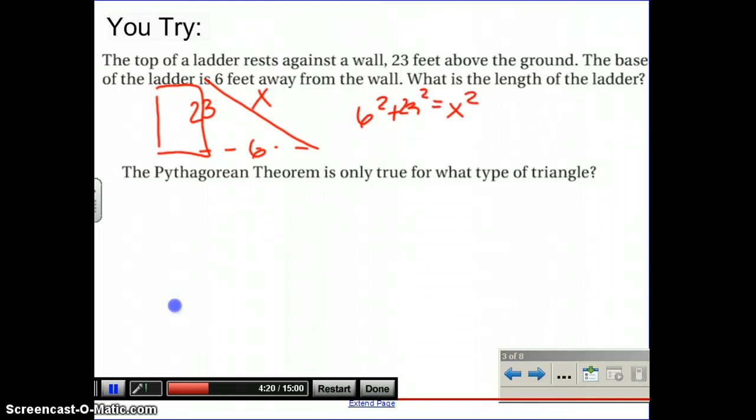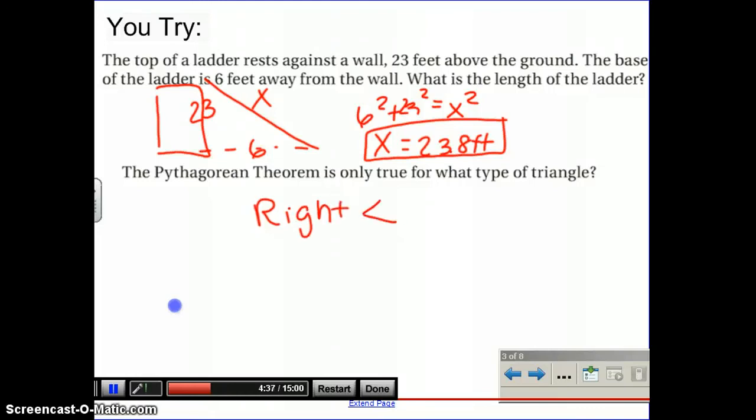Once again, I'm okay with the decimal here. So you should solve and get x to be 23.8 feet. The second question, the Pythagorean Theorem is only true for what type of triangles? Right triangles. You can only use it when you know you have a right triangle.